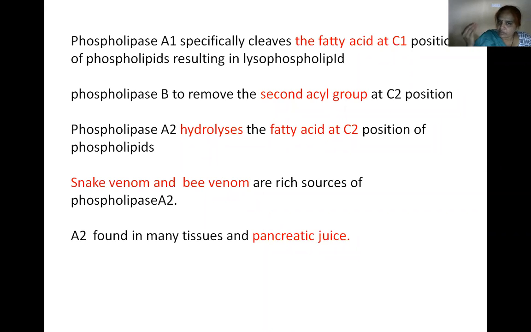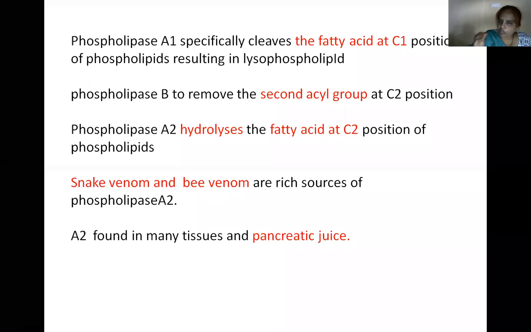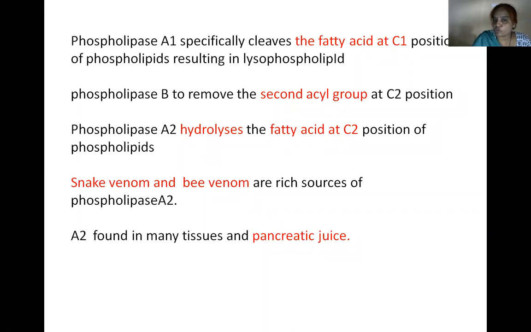So A1 cleaves at carbon 1, A2 hydrolyzes at carbon 2, and B removes the second acyl group at carbon 2.